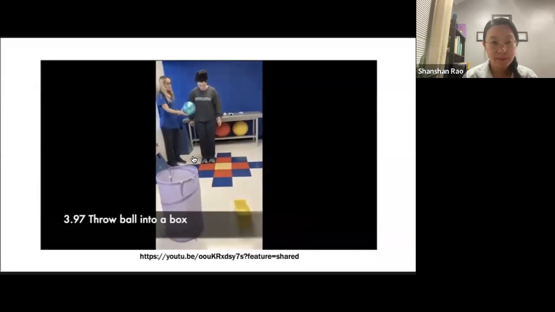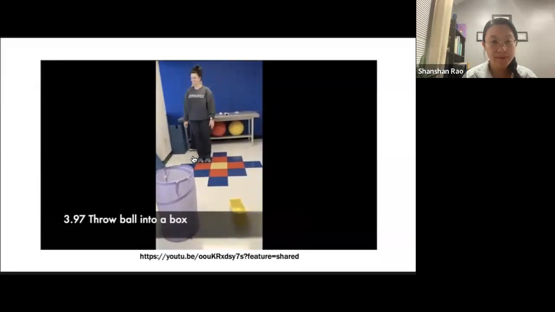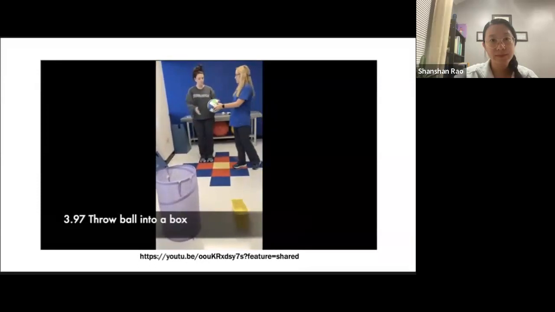And then you can throw this into the hamper. We want to throw it underhand, not overhand. With both hands? If you'd like to, yes. Good job, that was great. We're gonna go one more time with a different ball. This one weighs a little more, so we'll see how it goes.